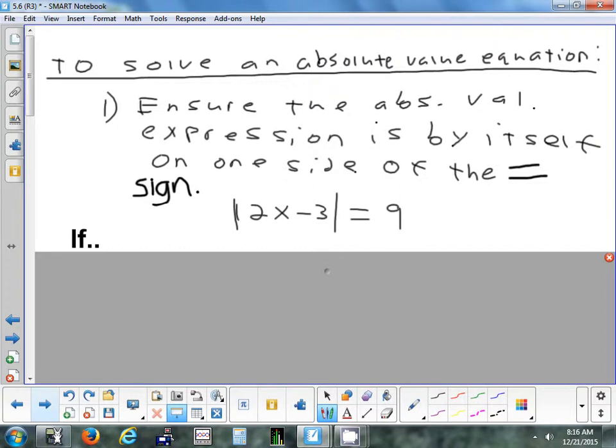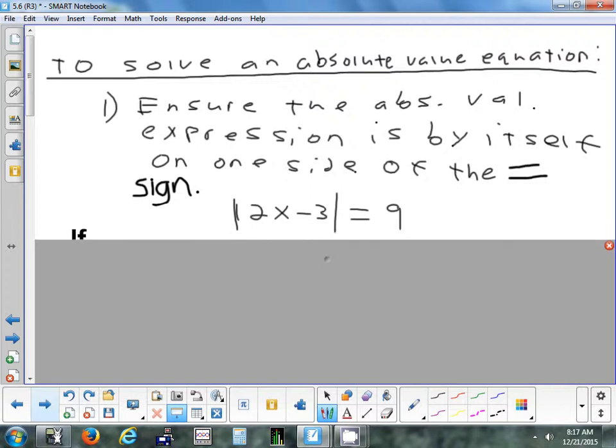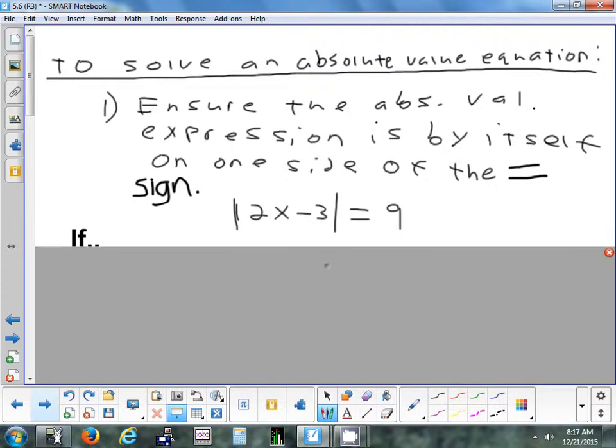Think of the absolute value as one big variable. You want to get that absolute value by itself before you can set up 2 equations or anything like that. Here's a problem that is not ready to go, because we've got something on the outside of the absolute value that we'd have to get rid of.